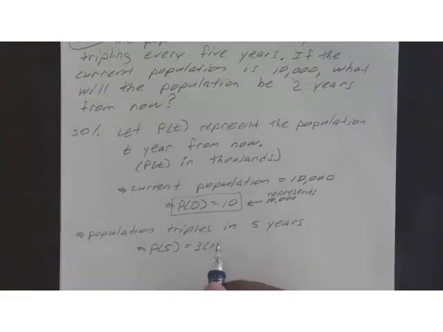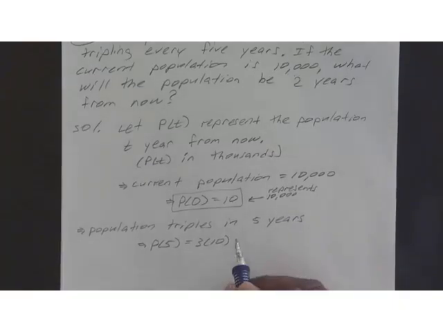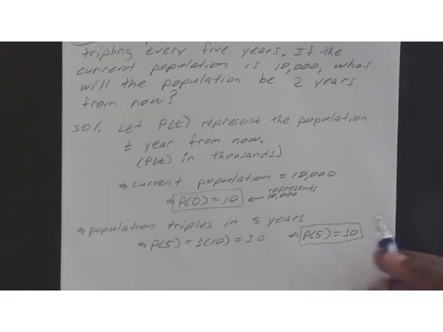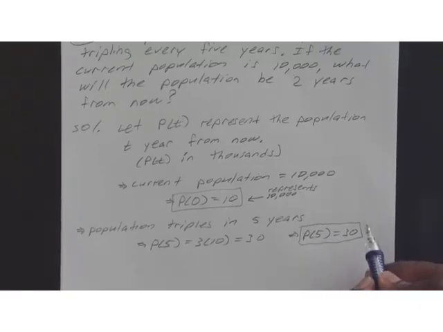It's just 3 times the 10,000 that's already there. Just 30. So we know that P of 5 is equal to 30. Remember, that represents 30,000.